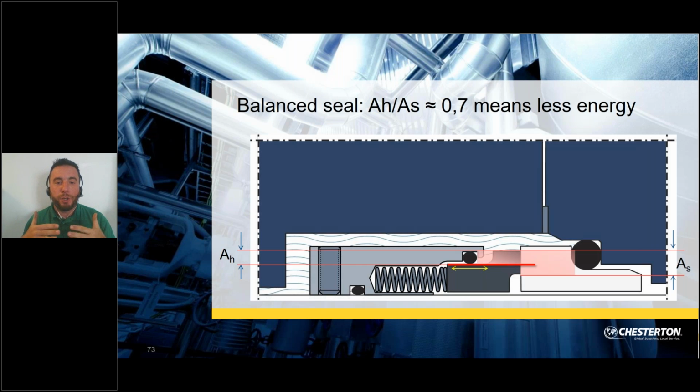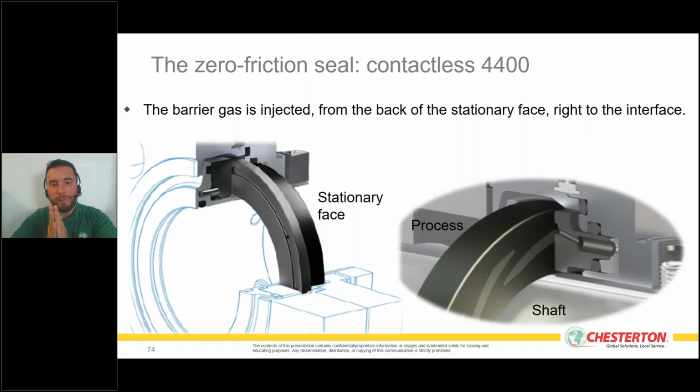And that balance line shows that the compression between the black rotary face and the white stationary face is just 70%, so 30% less than what it would be with a non-balanced seal. So that's the reason why we have less compression, less friction, less energy absorbed.